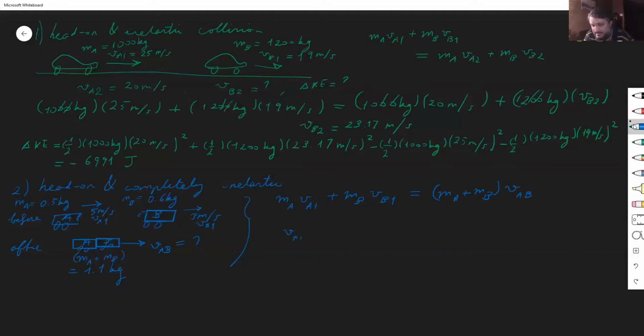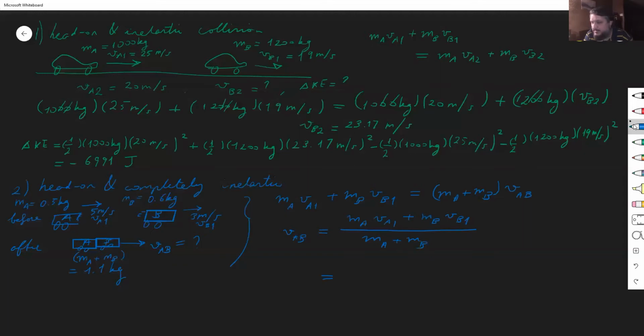So that velocity VAB will be MA VA1 plus MB VB1 divided by MA plus MB.